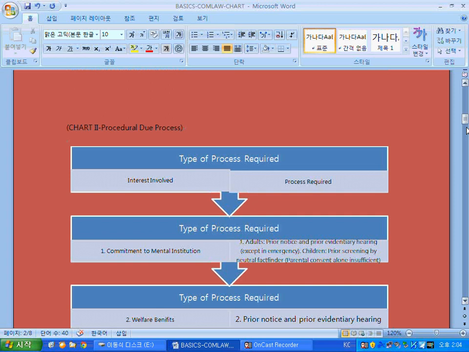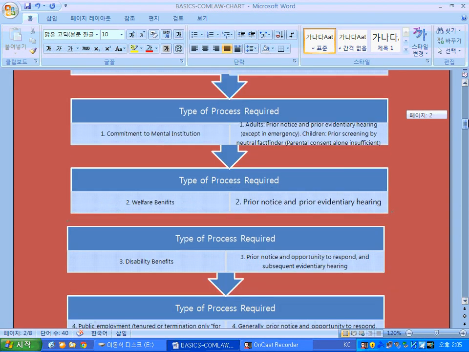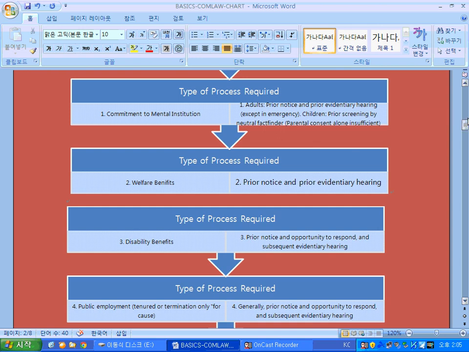Parental consent alone is insufficient. This position was confirmed in case law. And there would be an interest about welfare benefits. For example, the government may deprive welfare benefits without any prior notice. It would be constitutional.